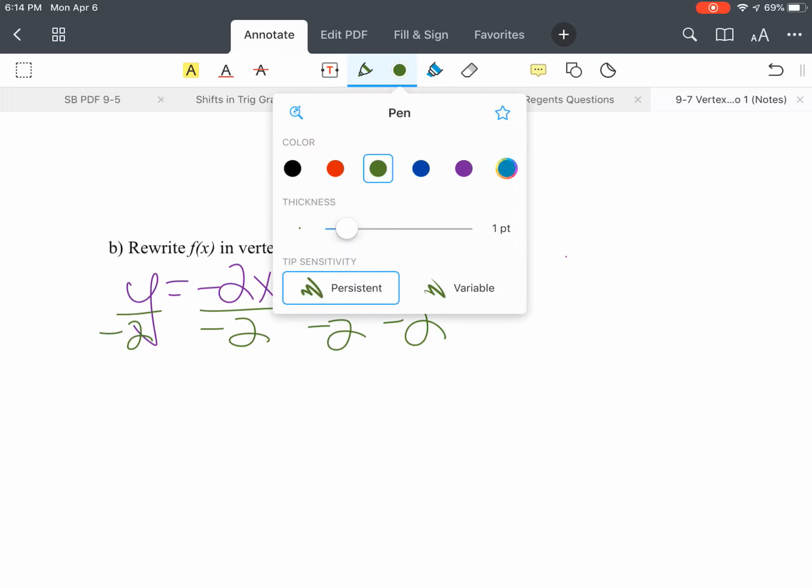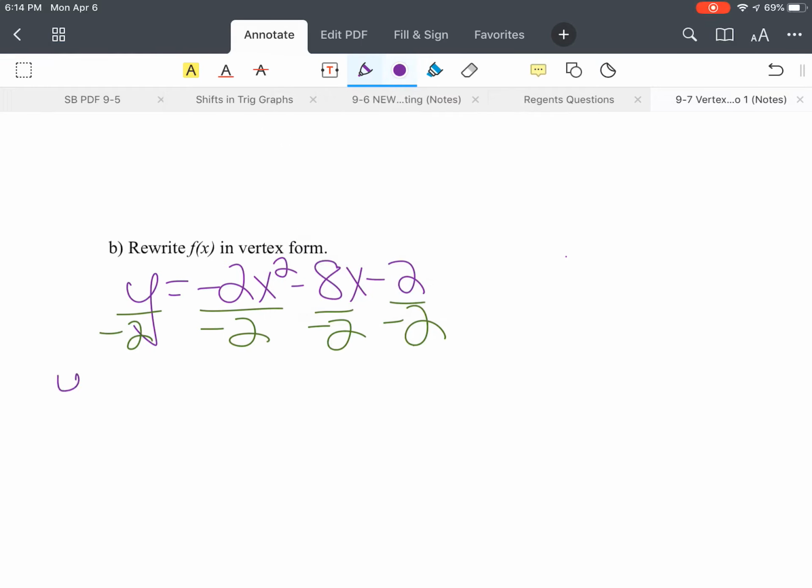Okay, I'm going to leave the y divided by a -2. -2x squared divided by -2 is just x squared. -8x divided by a -2, well, -8 divided by -2, you can use your calculator. It's a +4, so it's going to be +4x. -2 divided by -2, again, use your calculator. It's a 1. And then I can continue on like normal, like we've been doing.